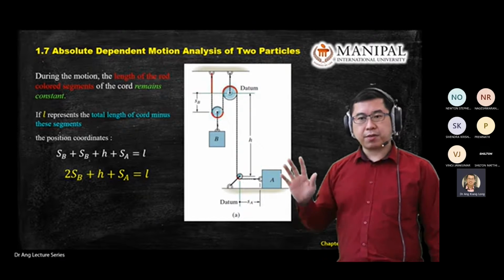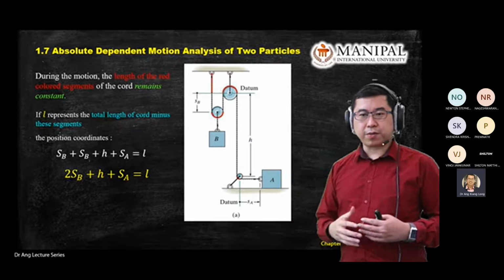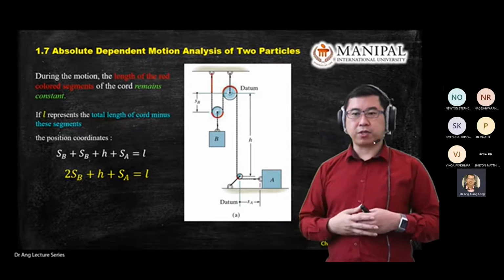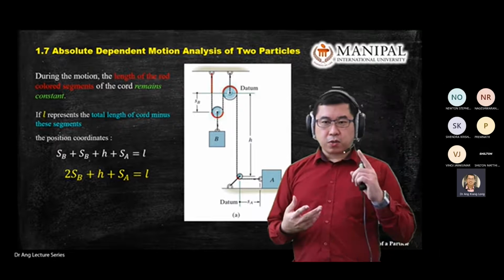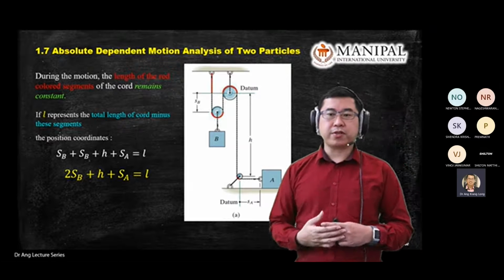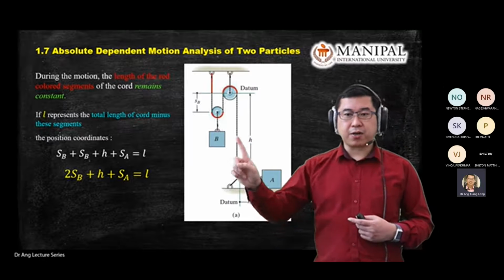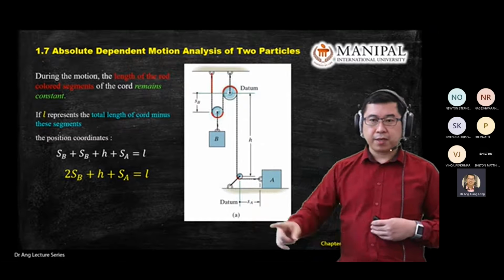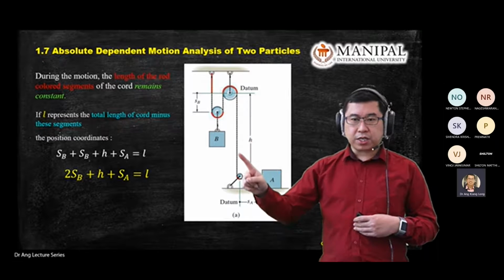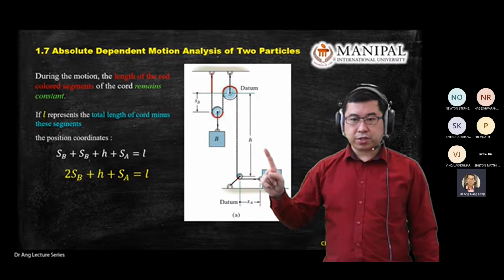And again, this system is going to change all the time. When you solve this kind of question, always orient yourself to the three fundamental questions. Where is the origin? Where is the datum? Where is the positive direction? The next step, you always derive the element that links A and B. In this case, it is the chord line that is always fixed. We take the length of the changing parameters, in this case SB plus SB plus H plus SA.